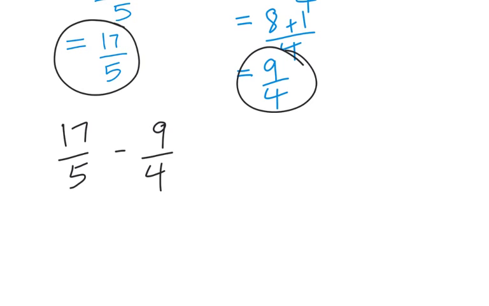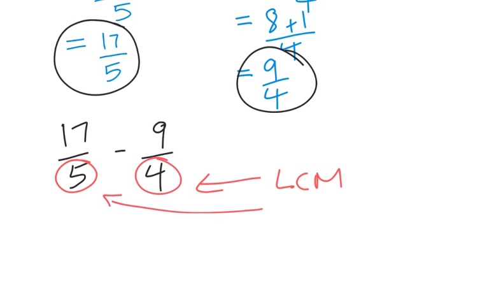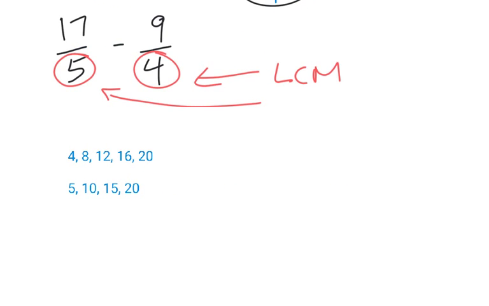Just like before, you'll notice that the denominators are not the same, but they need to be the same before you can subtract these fractions. We need to figure out the lowest common multiple of both 4 and 5. I've listed out the multiples of both 4 and 5, and as you can see, the lowest common multiple happens to be 20.